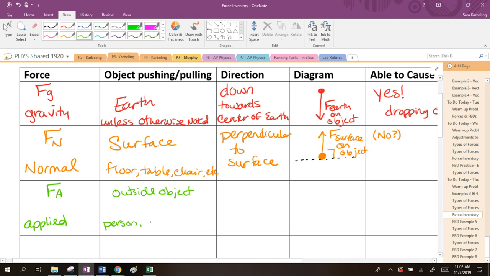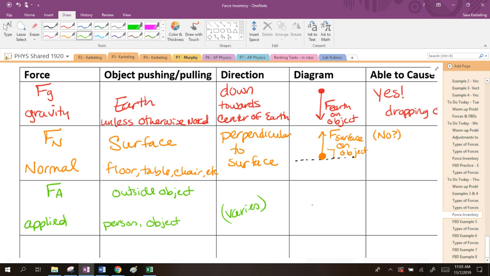It could be an animal. It could be some sort of outside something, okay? But again, it's something that isn't one of these other types of forces that we'll get to. The direction varies. It might be horizontal, it might be vertical, or it might have a little bit of both. Living on the edge, right?